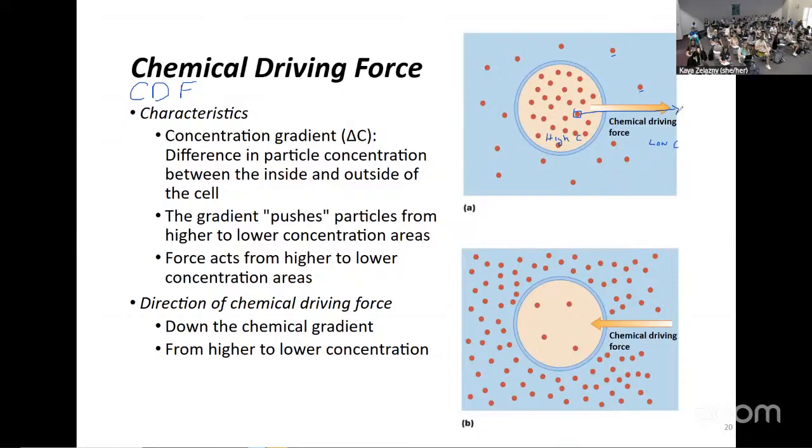Okay. So more formally, we would say that what's happening here is that we're reacting to a difference in particle concentration between the inside of the cell and the outside of the cell. We have this force that's pushing our particles from higher to lower concentration. And this is going to be different strength, actually, depending on how big a difference we have in those concentrations, right? So if they're pretty close in concentration, this is going to be a relatively weak force.